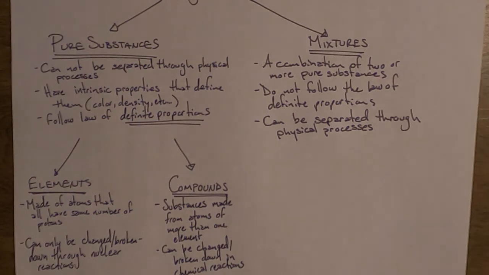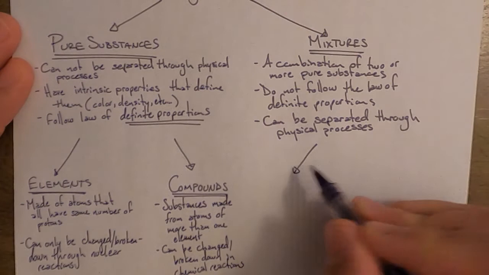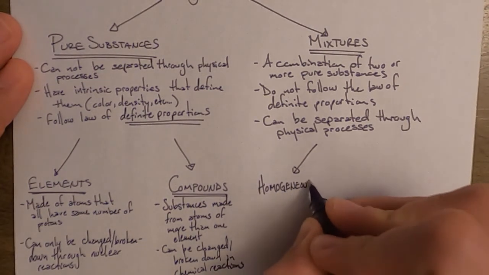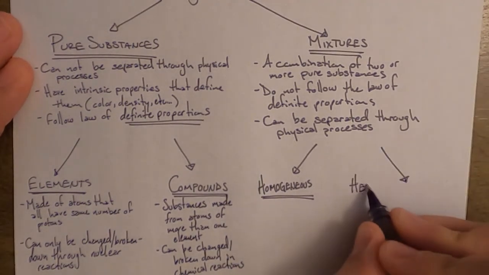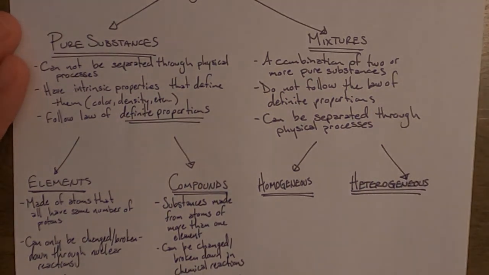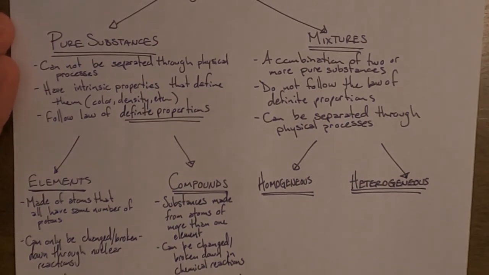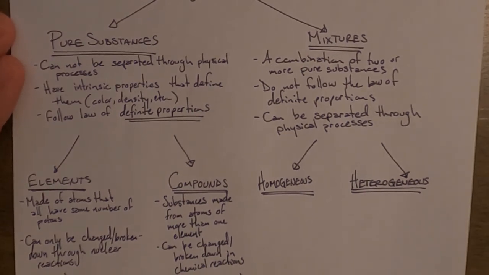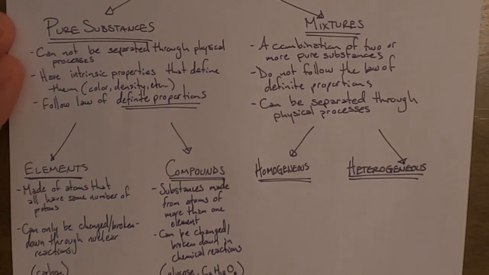Mixtures can be 2 types, whether they are mixed evenly or whether they are clumpy or lumpy, and those would be homogeneous and heterogeneous mixtures, respectively. We usually think of these things as being something mixed into a liquid or mixed into water, but it works for other phases being mixtures as well.